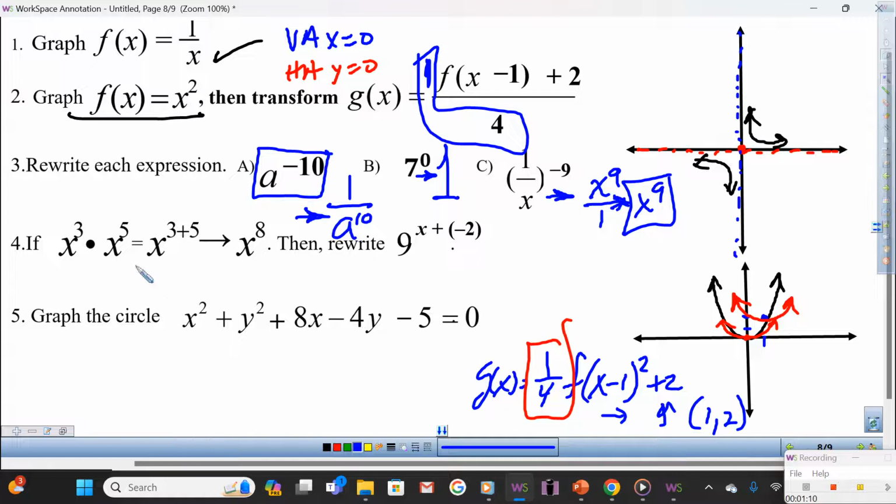Number 4, if x to the 3rd times x to the 5th is this, x to the 3 plus 5, then what was this before it became 9 to the power of x plus -2? Tell your neighbor, and then Anthony D is going to pass it to someone.